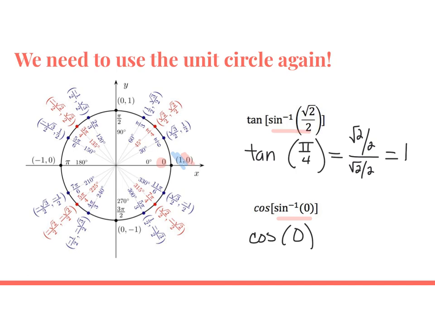So as we evaluate cosine of 0, we end up with the x value of that coordinate to be 1. So it's important, if we're using inverse sine, to start on the coordinate that's appropriate and work our way to the radian. And if we're doing cosine or sine, we start at the radian and work our way out to the appropriate coordinate.